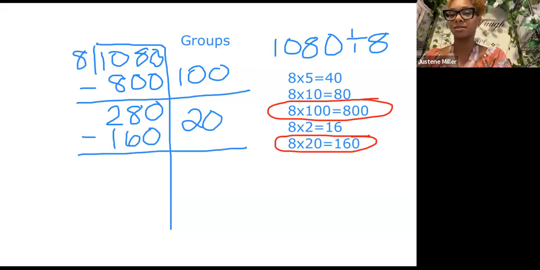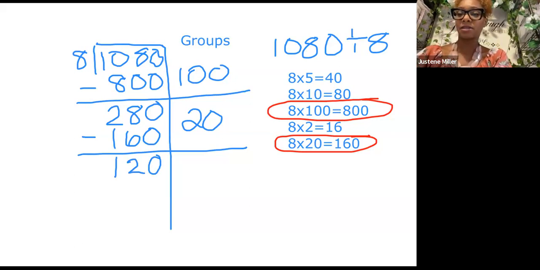Still looking good. Doing my subtraction, I have 0 minus 0 is 0. 8 subtract 6 is 2. 2 subtract 1 is 1. Oh, wow. So now I have 120.